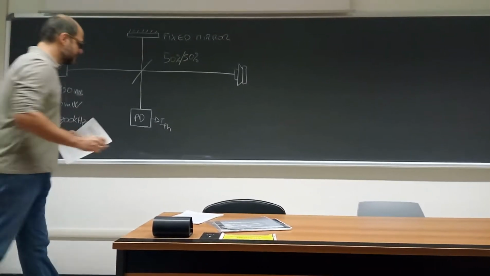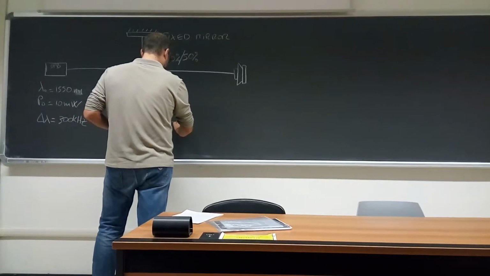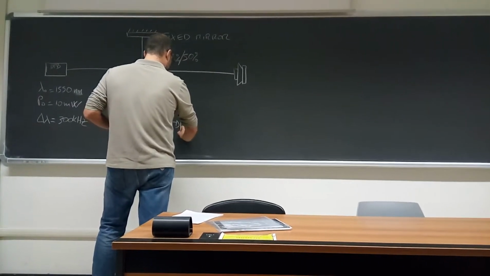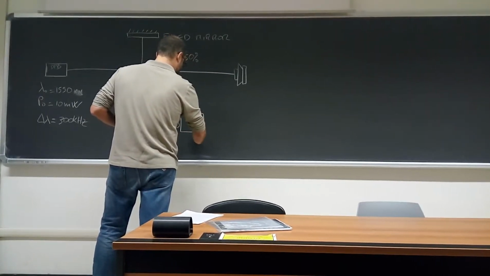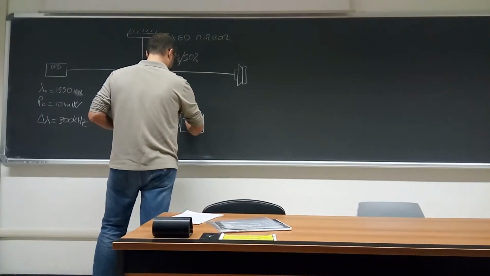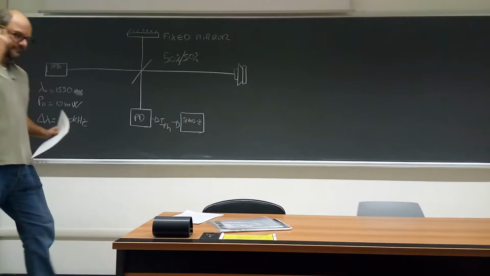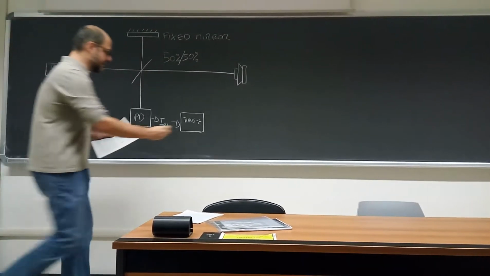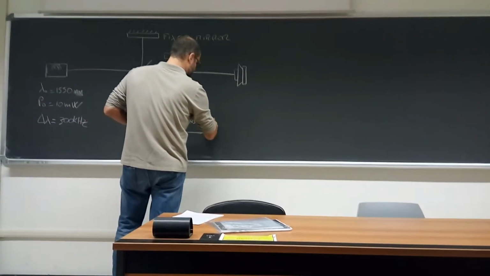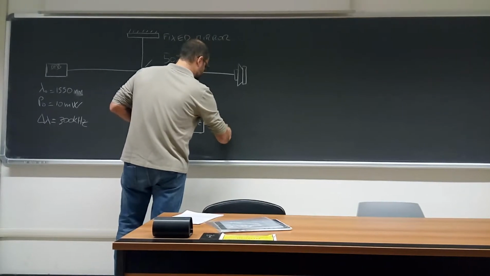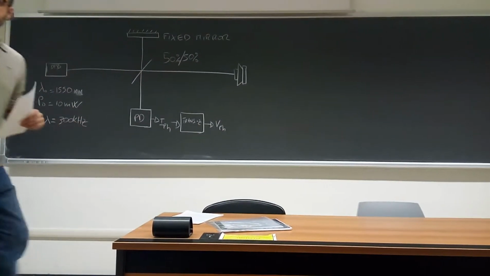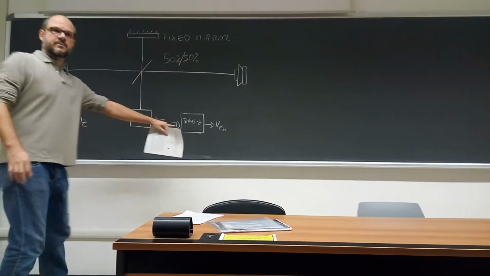And then you transform the photodetected current into a voltage using a transimpedance amplifier. Then you get a photodetected voltage. Do you know what is a transimpedance amplifier?